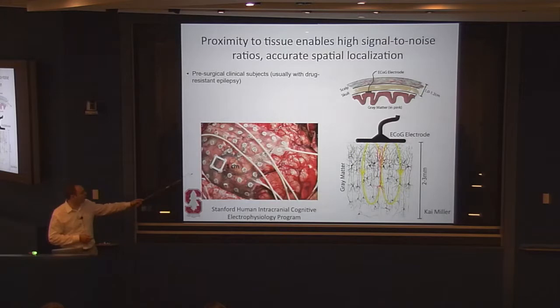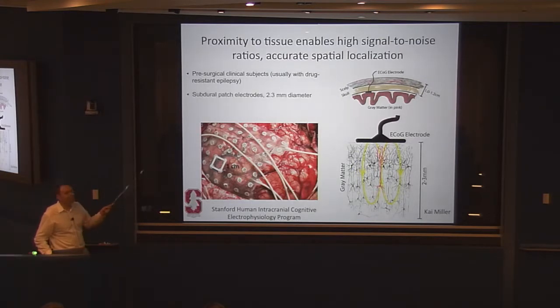They're typically placed about 1 centimeter apart, center to center. They're about 2.3 millimeters in diameter of exposed electrode, which corresponds to something like 500,000 neurons sitting in a column of tissue underneath that electrode.